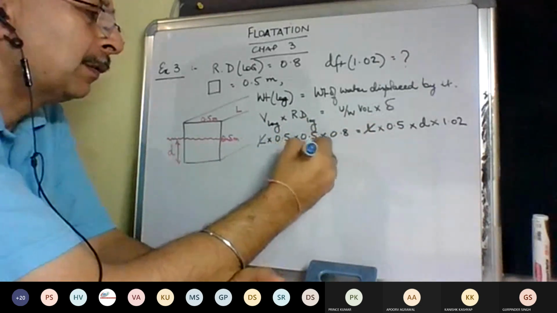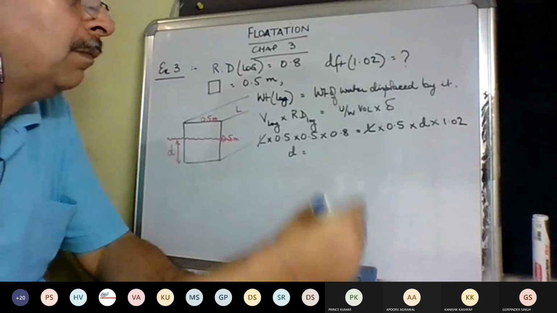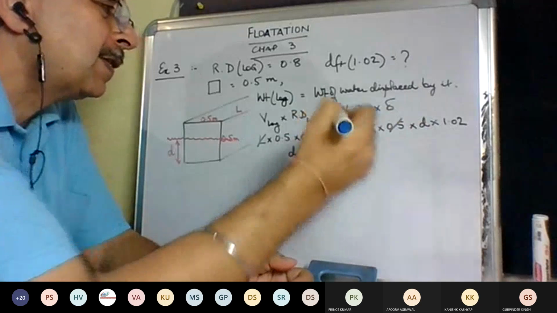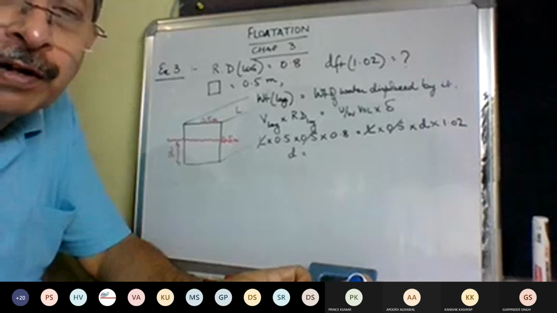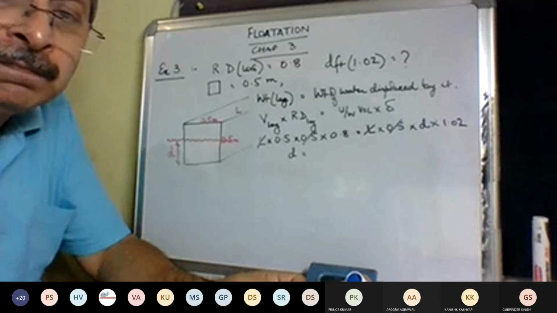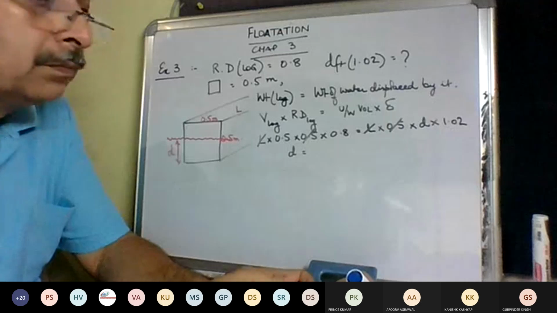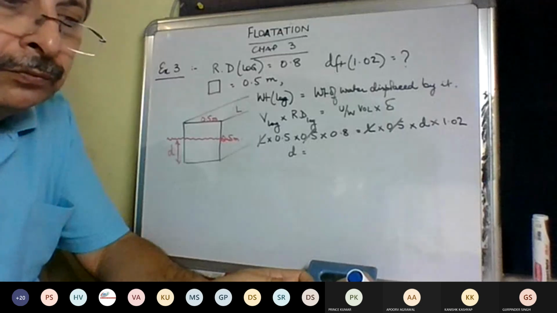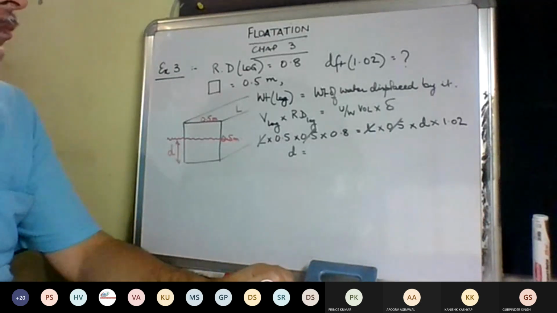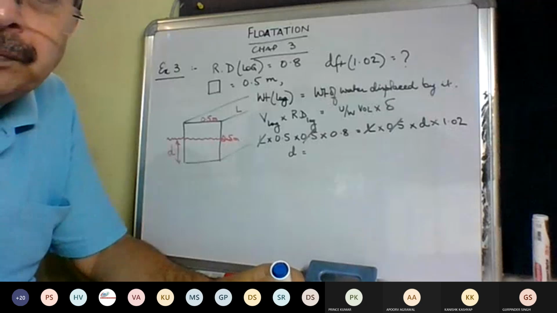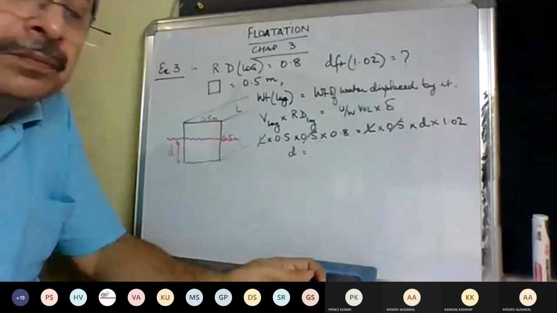Solve for draft. 0.5 also cancels. Solve for draft. 0.392.